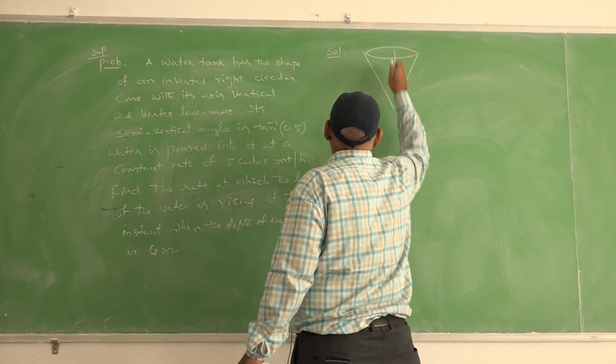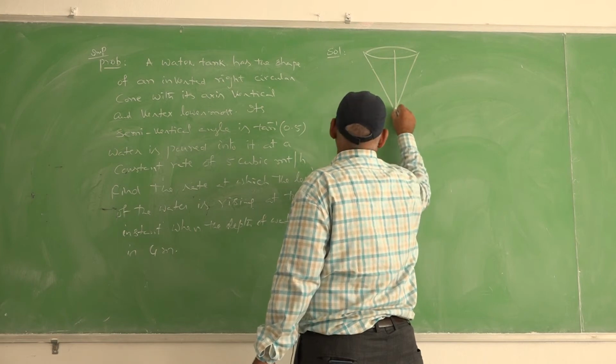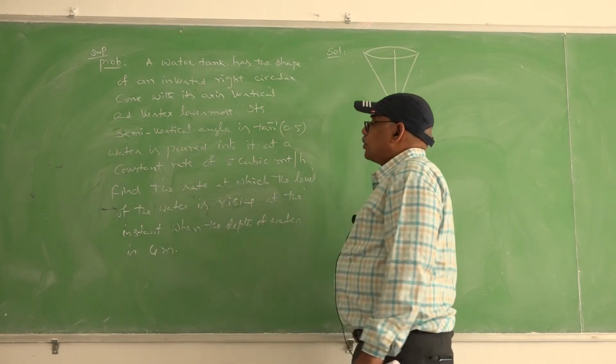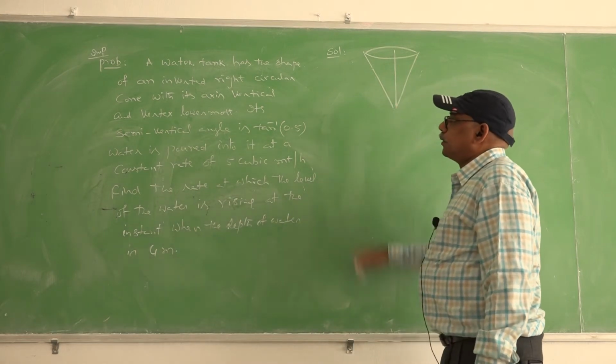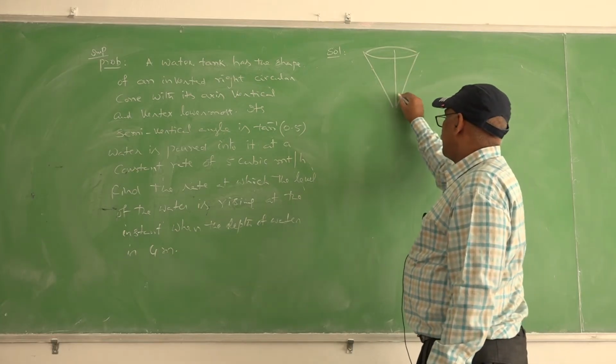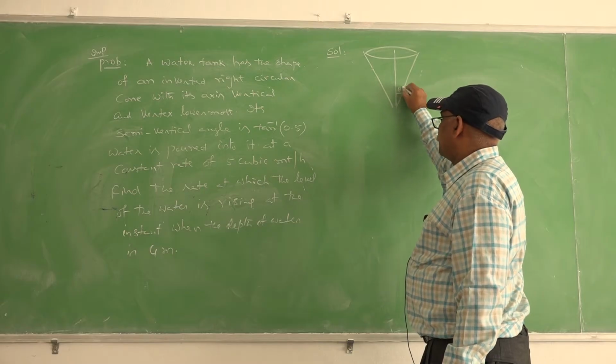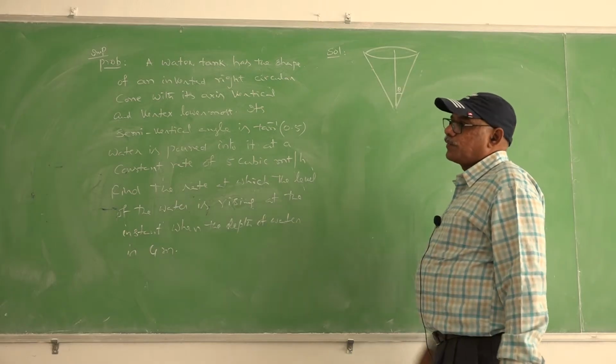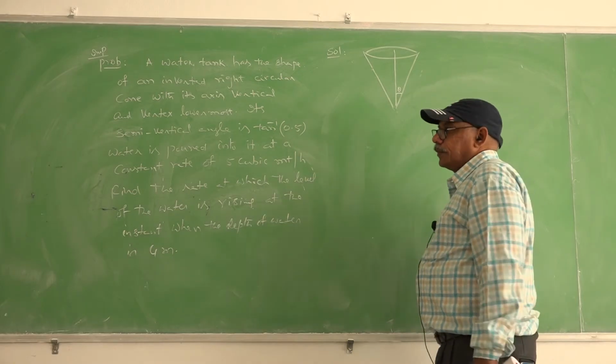The axis is vertical and this is the vertex which is lowermost. That is the last point. It's a semi-vertical angle, meaning this, theta. Theta is given as tan inverse 1/2, 0.5.